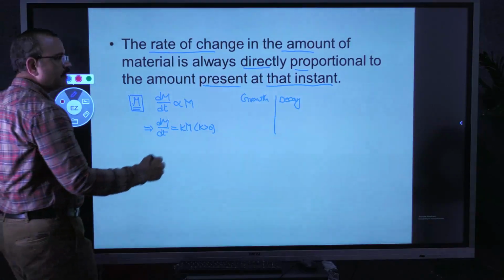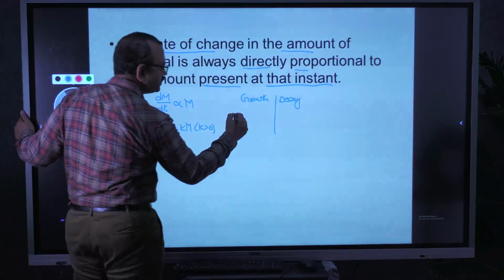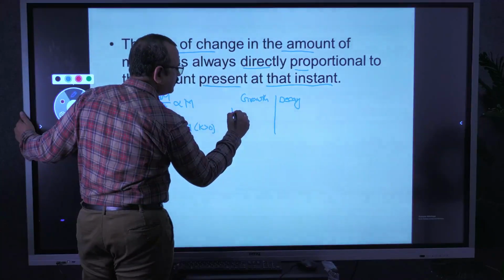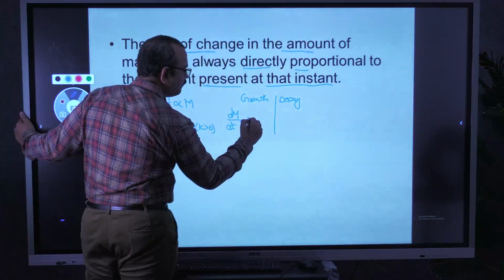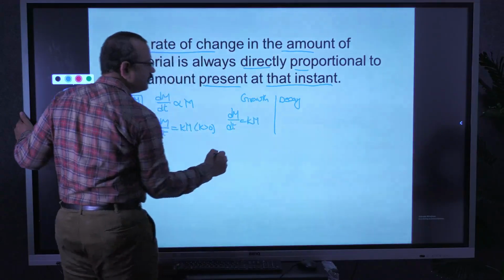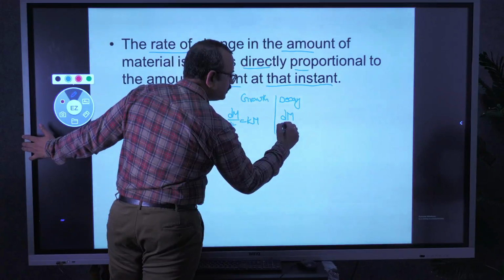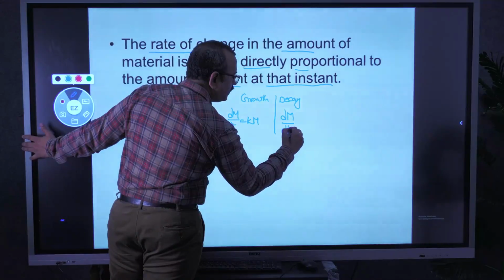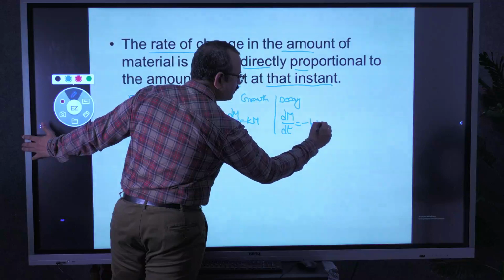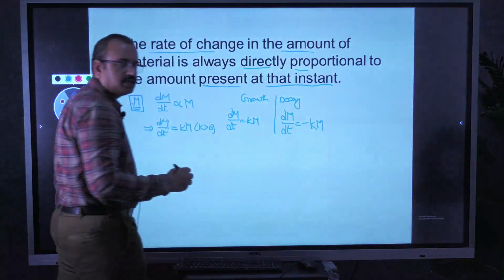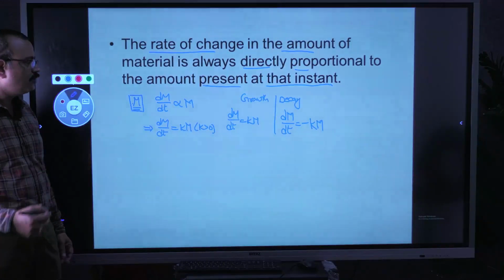Whenever we discuss growth, the material will increase, so at that time we get dm by dt is equal to km. In the case of decay, as the amount of material is decreasing, we get dm by dt is equal to minus km. This negative sign indicates the decay, the loss in the amount of material.